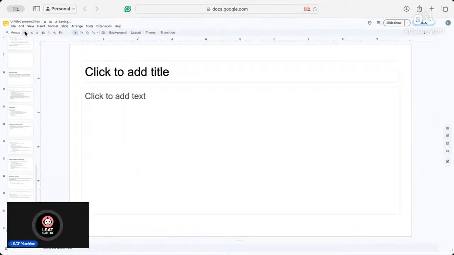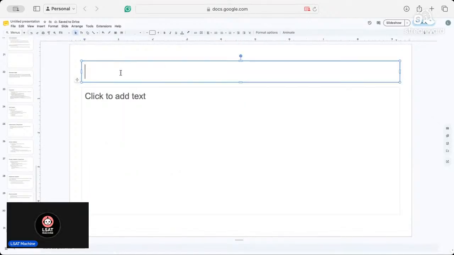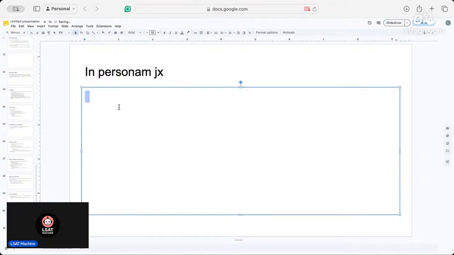All right, so let's talk about in personam jurisdiction. That is the power over an individual party. The way I think about this is that this is the one that's mostly about geography in a way. So when can you have in personam jurisdiction?